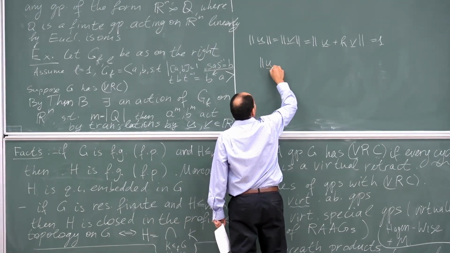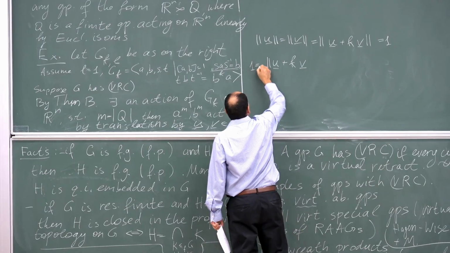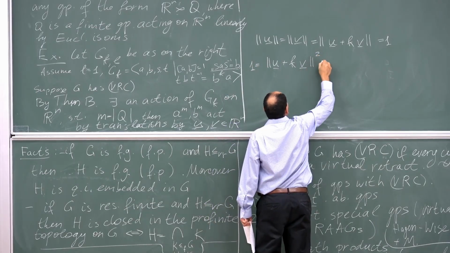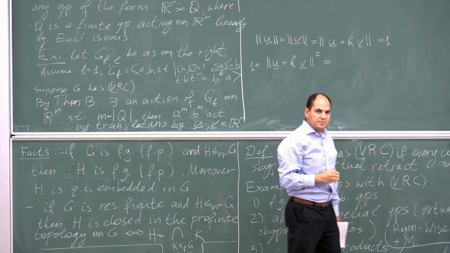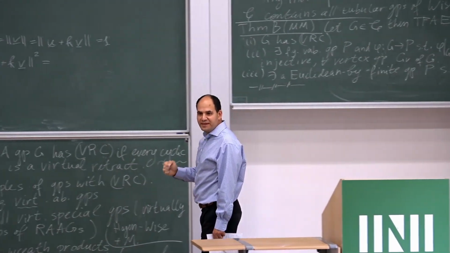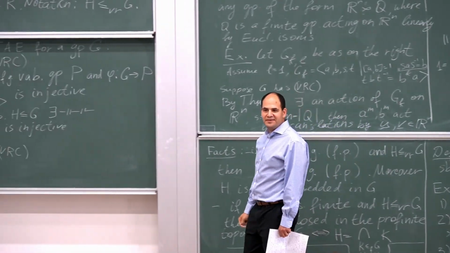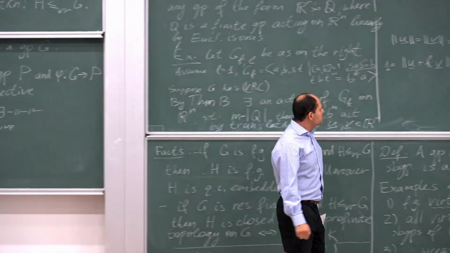If I square this, so this will be 1. Now this is where my linear algebra background comes in. I use the fundamental theorem from planar Euclidean geometry, right?